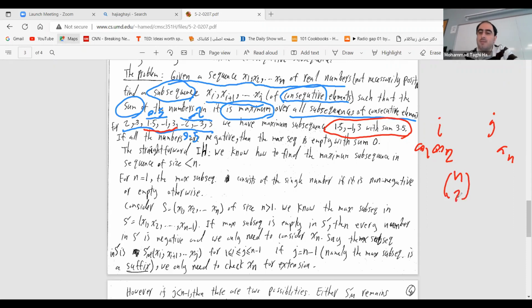So n choose 2 choices for I and J, and then order n to compute the sum. What is the beginning? What is the end? N choices, and then sum it up, which would be n. What would be the running time of this? It is n cubed.